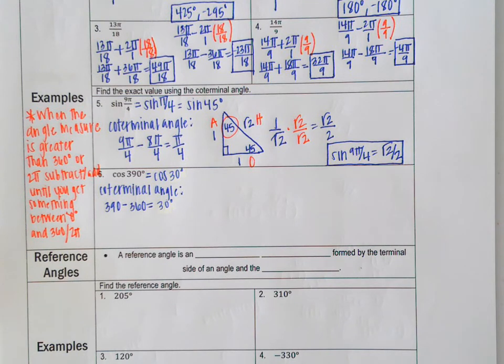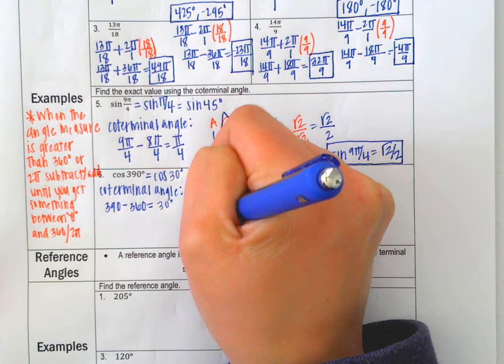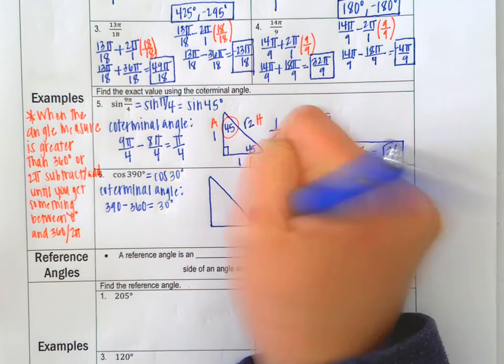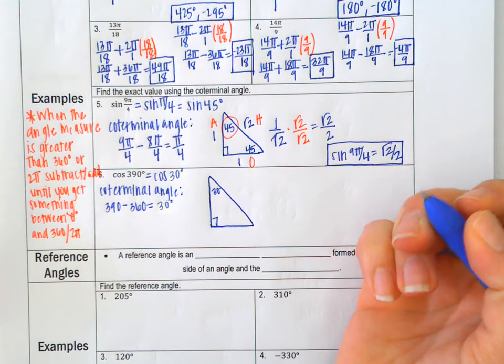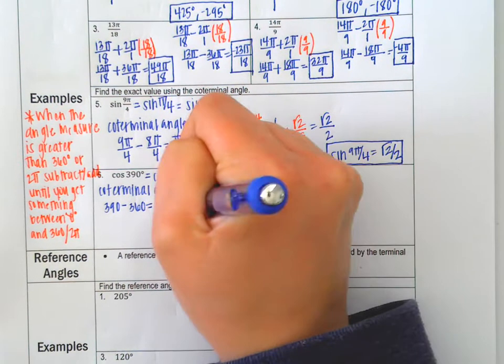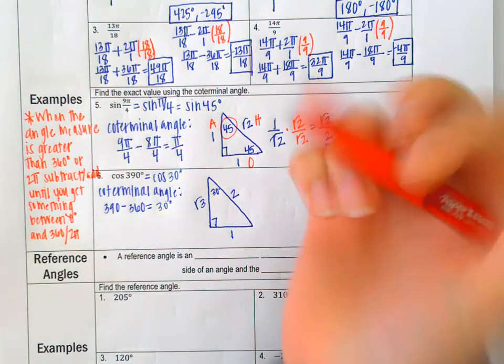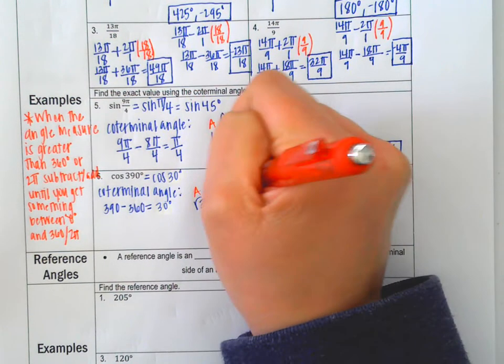Okay, so hopefully you're coming back with some work, and you drew your special right triangle. 30 is the top one. It's the smaller one. And so 1, rad 3, and 2. So when we're looking at 30, the opposite, the adjacent, and the hypotenuse.